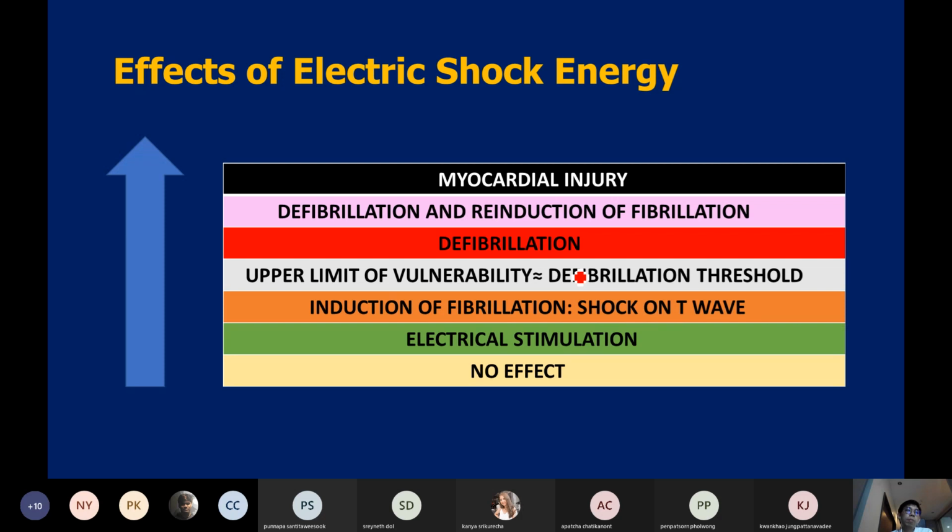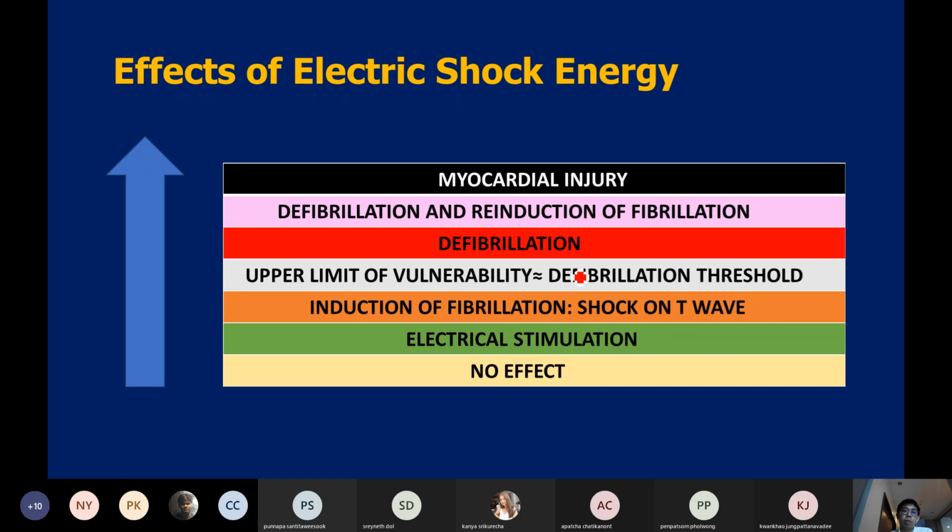If you accidentally put the power in that duration, it can cause further malignant arrhythmia such as VT or VF. So to prevent this kind of adverse event, the induction of fibrillation, you may need to do a synchronized cardioversion instead of defibrillation in some types of arrhythmia, for example in SVT or pulse VT.